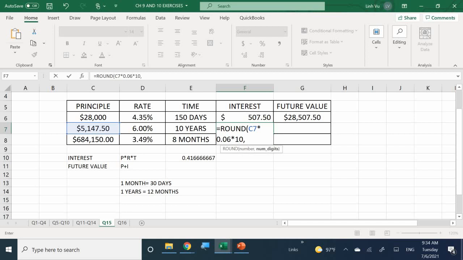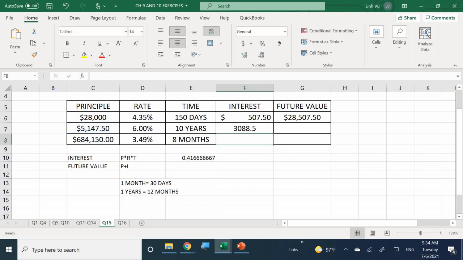So how much is the interest that I will be collecting in 10 years? $308.85. $3,088.50. Right? Good. All right. So therefore, what is going to be my total future value?